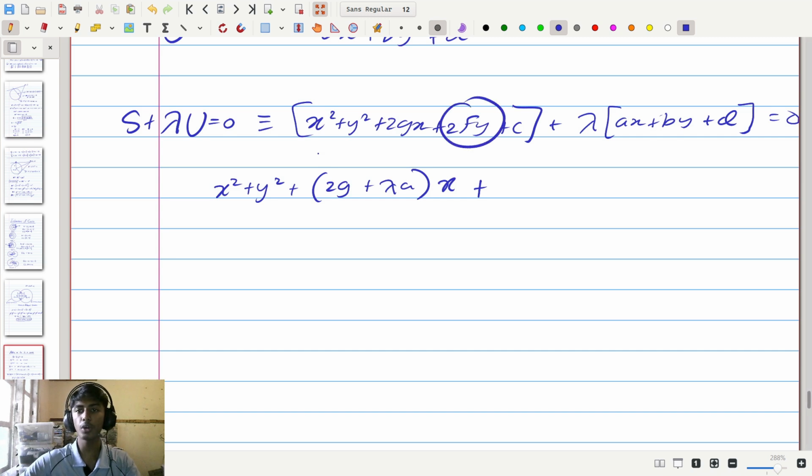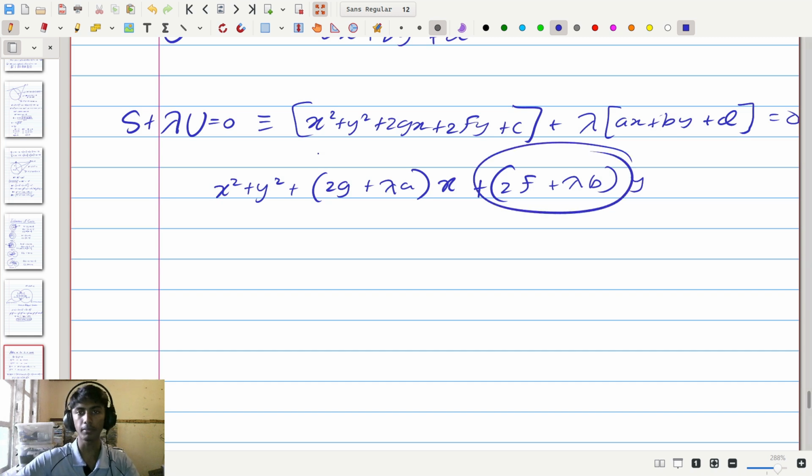Similarly, considering the 2fy and the lambda times by, we can write that as a common term as 2f plus lambda b times y. So that's the common y term. And then as for the constant terms, here we have a plus c, and here we have a plus lambda times d. We can write that as a common constant term as plus c plus lambda d equals 0.